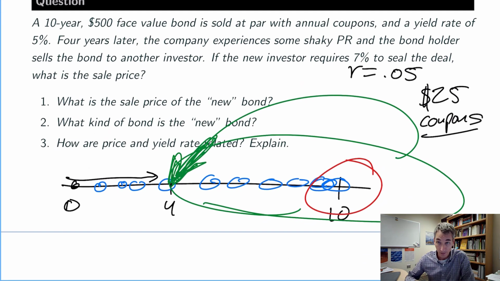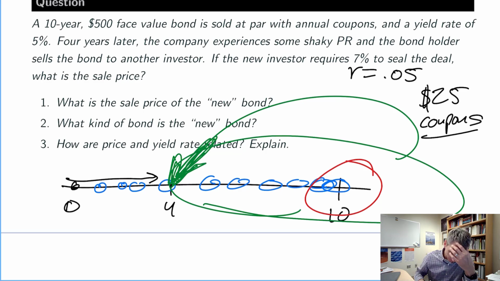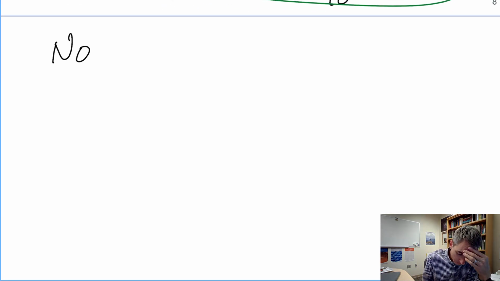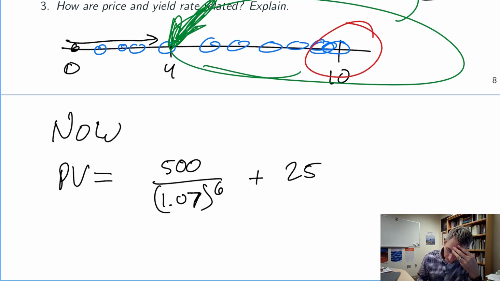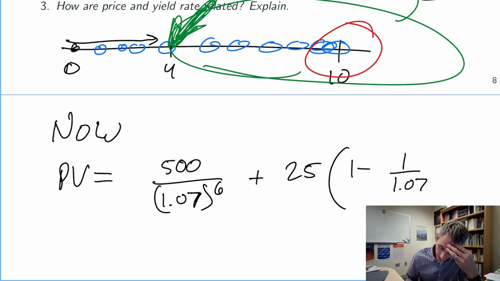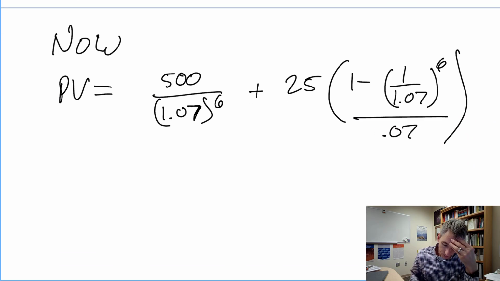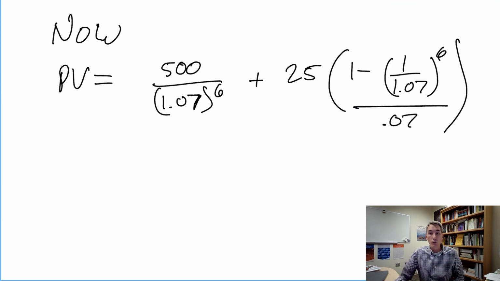So how many of those coupons are you going to get? 6 of them, plus the $500 face value. So now, what are you selling? You're selling a bond, present value. It's a $500 bond. You're selling it at 7%, and it's got 6 years left on it. It's got $25 coupons, and you're selling it again at 7%, 6 years left on those coupons. And that is the price of that bond now, because you sold it at 7%. You didn't sell it at 5%.